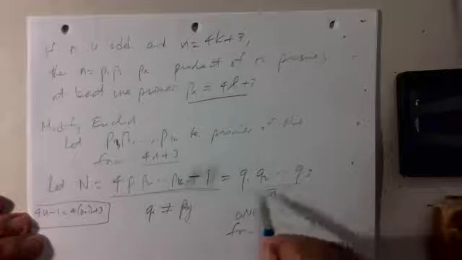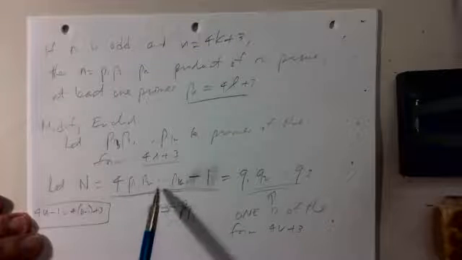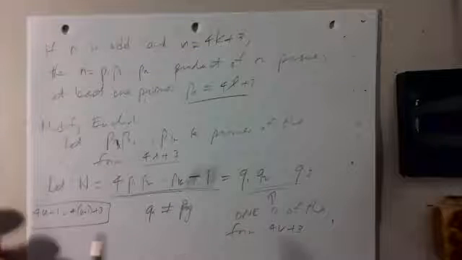One of these primes leaves a remainder of 3 when you divide by 4. It's different from these. So for every finite set of primes of the form 4k plus 3, there's yet another one. So the number of primes of this form has to be infinite. That is the proof.